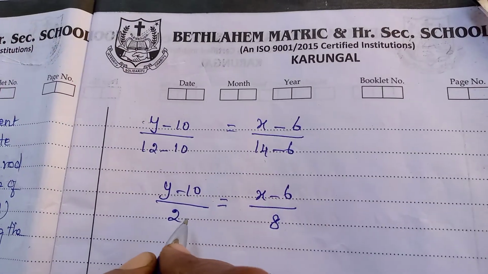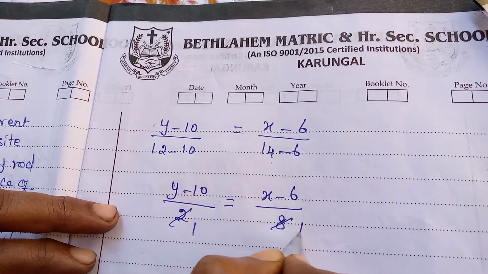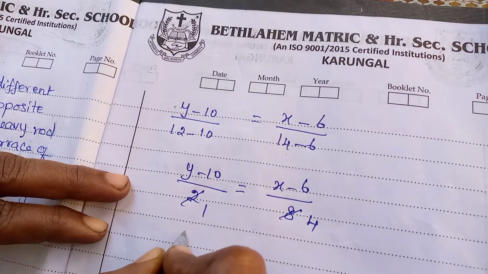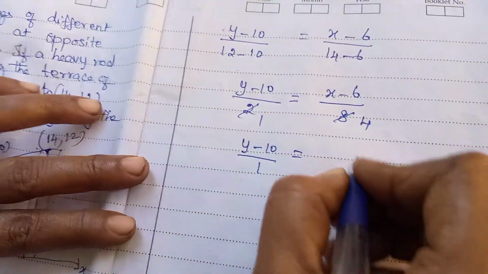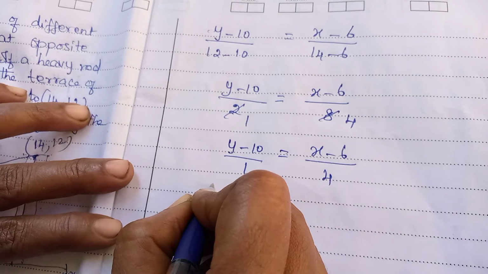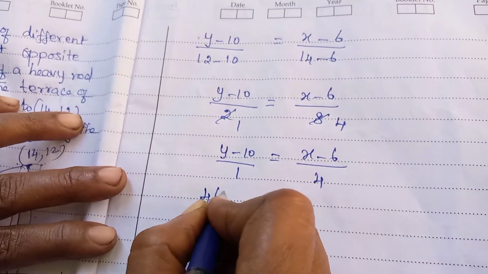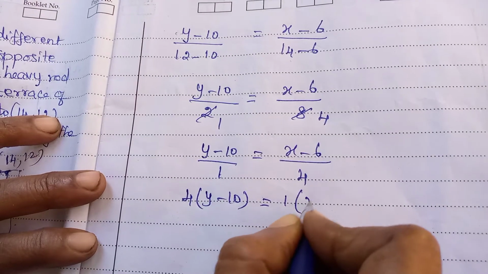Let us divide it. This 2 and 8 can be divided, so 1 here, 4 there. We have (y minus 10) by 1 equal to (x minus 6) by 4. Cross multiply it. We have 4 into (y minus 10) equal to 1 into (x minus 6).